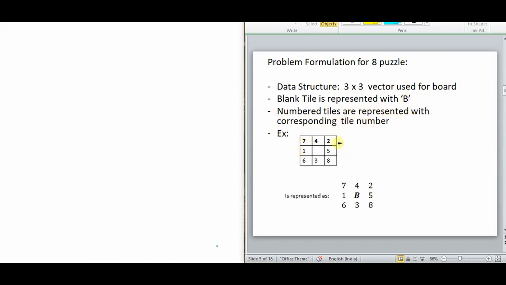For example, suppose this is the configuration of the game that you want to represent using a data structure representation, then it can be written like this, where this is the blank tile represented with B, 7 with 7, 4 with 4. So this is basically a matrix or a vector that is being created, and each tile number is denoted with that number in the cell, and the blank tile is denoted with capital B.